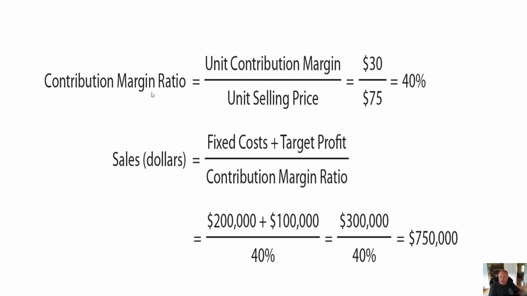We start with the contribution margin ratio, which is the unit contribution margin, 30, divided by the unit selling price, 75, which gives us 40%, the ratio. If we take our fixed costs plus our target profit, 200 plus 100 equals 300, and divide that by our contribution margin ratio, sales would be $750.